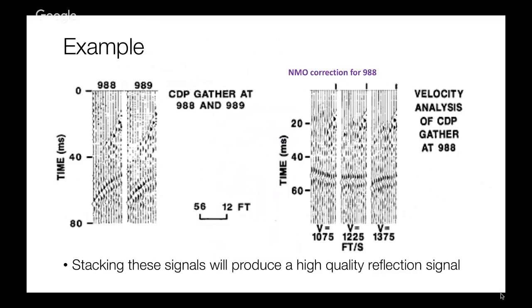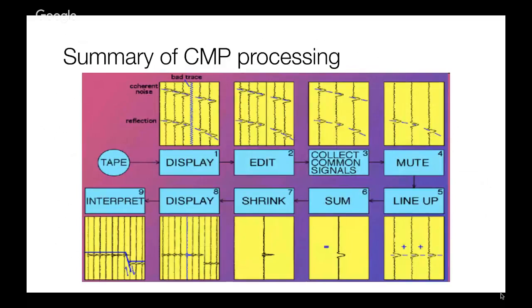So this is a summary of that whole process. We're displaying our original traces here in our common midpoint gather. We're maybe getting rid of bad noisy traces, and then we're picking our first arrivals.